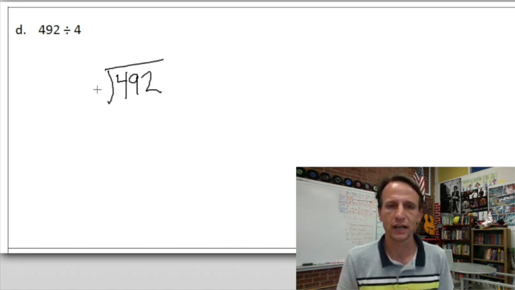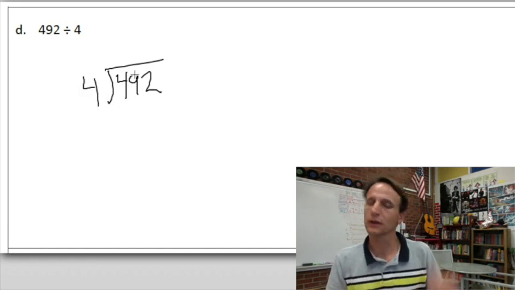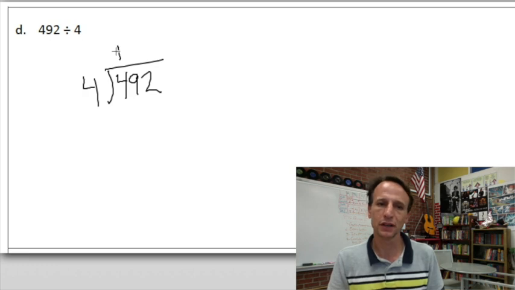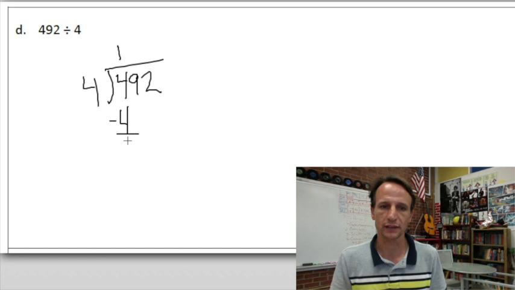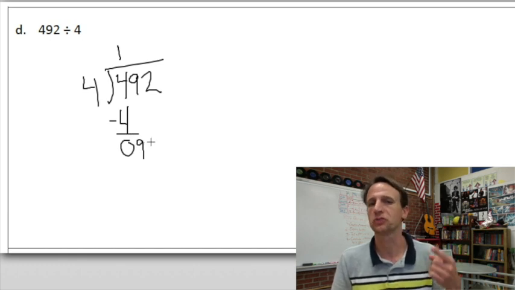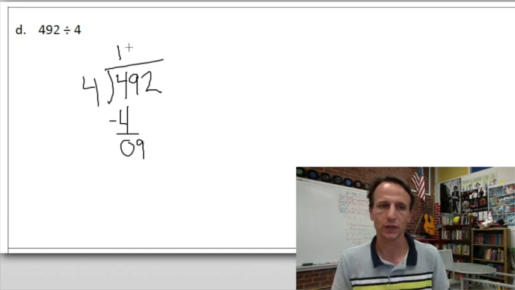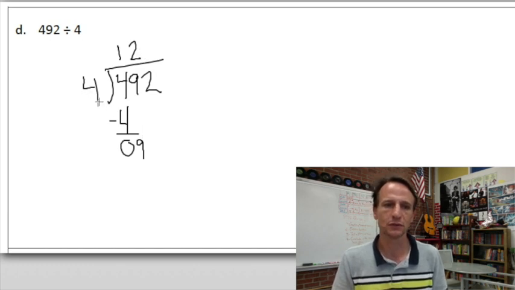492 divided by 4. All right, how many 4s in 4? Yeah, 1, because 1 times 4 is indeed 4. We're subtracting it, 0, but we have 9 tens we can now divide. And now how many 4s are in 9? 4, 8. Yes, we have 2 4s in 9, because 2 times 4 is 8.